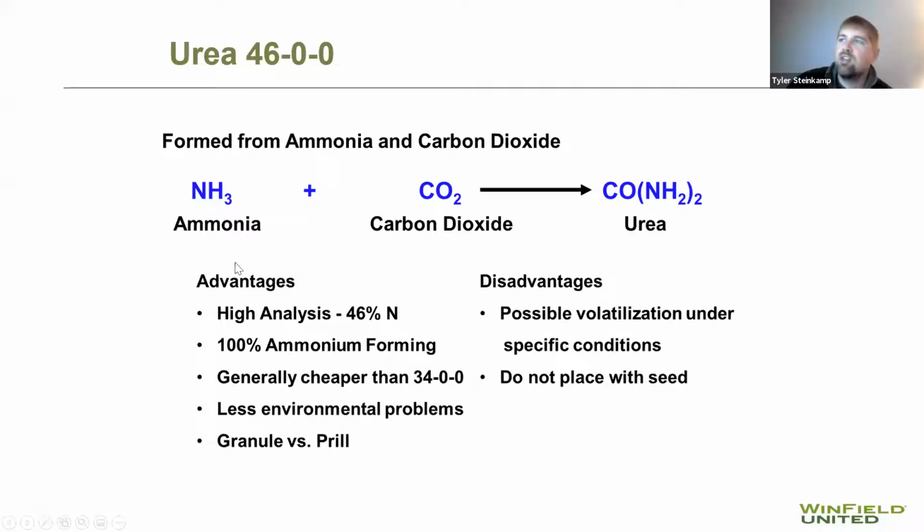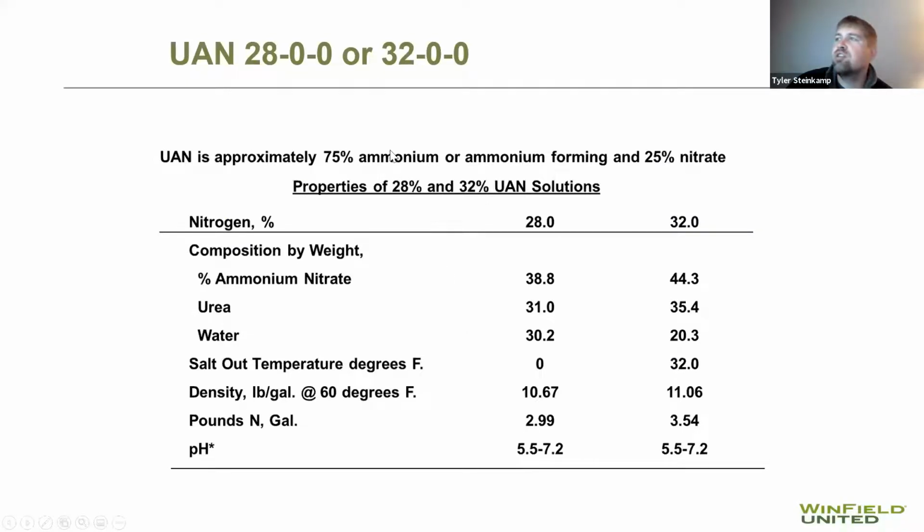Okay. Other forms: we've got urea, which is just a dry product. You guys are familiar with this. It's 46% nitrogen. Do not place any urea form directly in contact with seed. The final version is UAN, which can be either 28% or 32%.